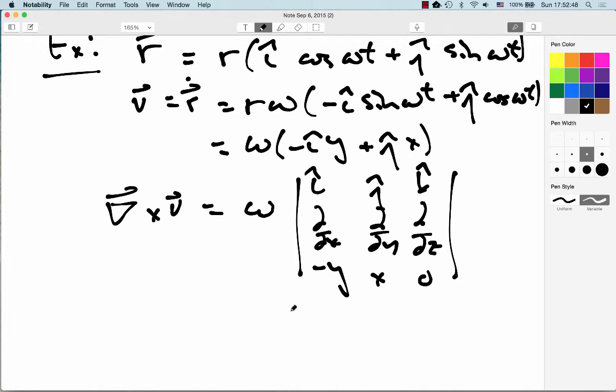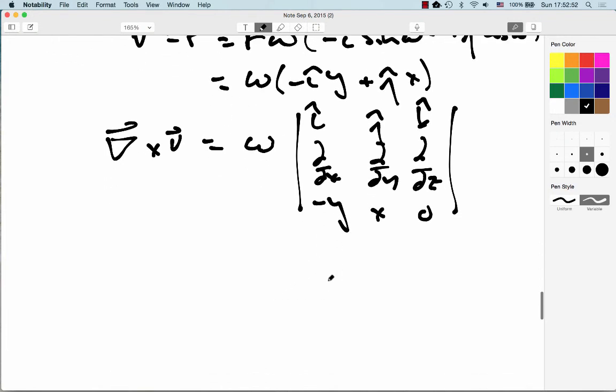So we're only going to have two non-zero terms. So let's go ahead and plow the field and see it. So for i, we plow the field, partial of y of 0 is 0, and partial of z of x is 0. For j, partial z of negative y is 0, partial x of 0 is 0.